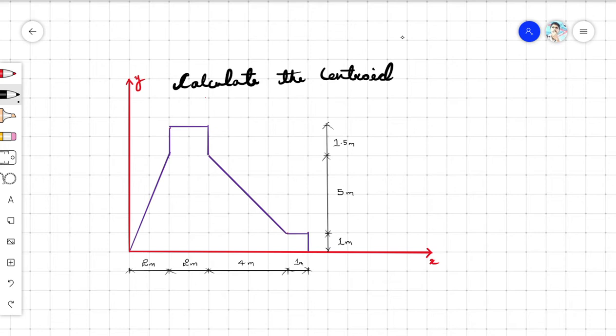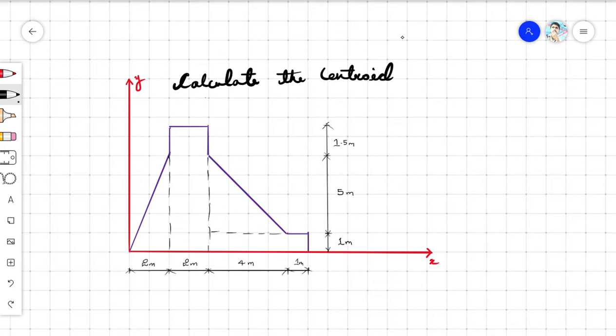So I'll assume this whole part as one triangle, and the moment I cut this space into one triangle, I can see one rectangle piece over here, right? So I'll take this as a rectangle. The moment I cut this rectangle also, I can see one more triangle over here.